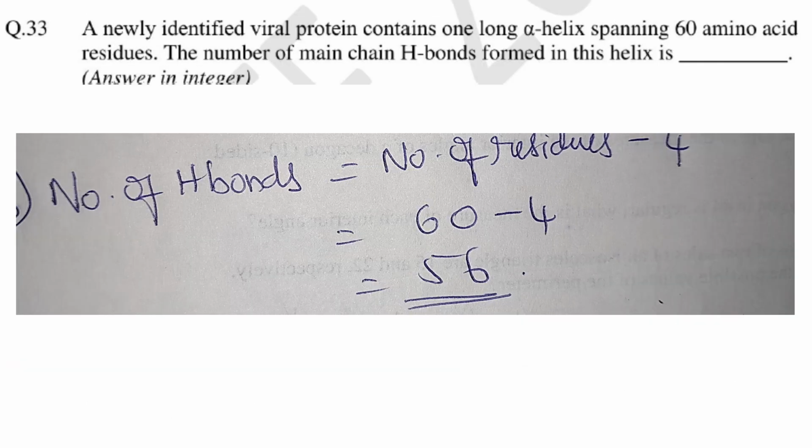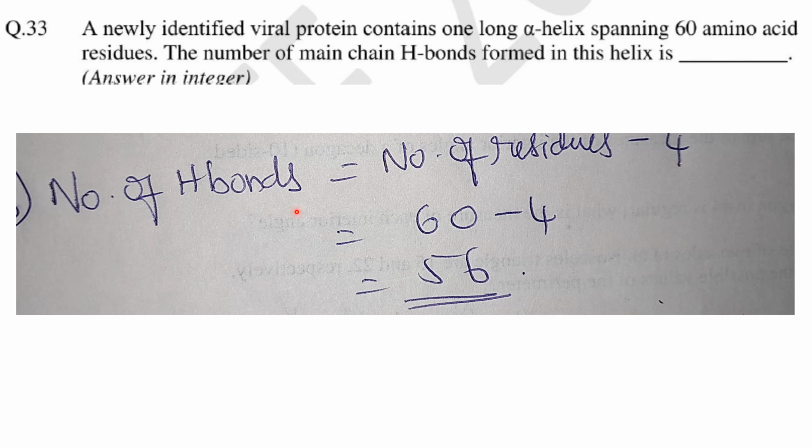Then next one. A newly identified viral protein contains one long alpha helix spanning 60 amino acid residues. The number of main chain hydrogen bonds formed in this helix is?